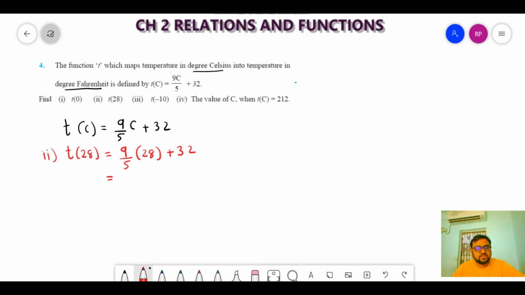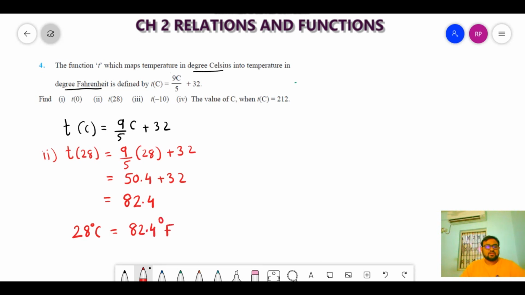So this is equal to 50.4 plus 32, which will be equal to 82.4. This means that 28 degrees Celsius is equal to 82.4 degrees Fahrenheit. So note down the second sub question of question number 4.